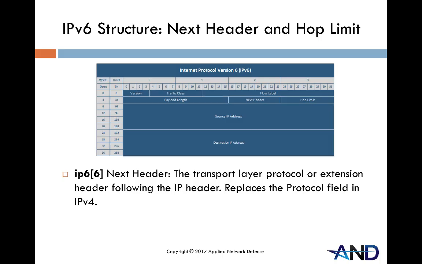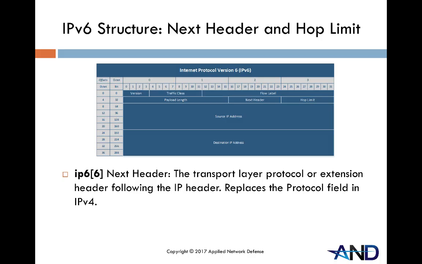I mentioned earlier that IPv6 has a concept of extension headers, which allows it to implement additional features such as fragmentation. So the IPv6 header is always a static 40 bytes, but if it wants to provide any additional functionality, it does so via extension headers that are added on after the IPv6 header. The next header field, when those are present, will identify that as the next header.